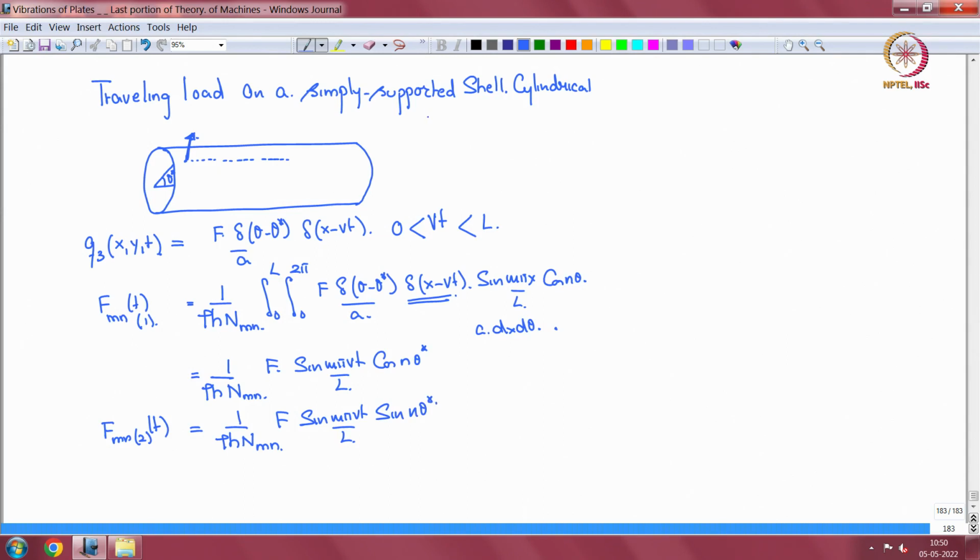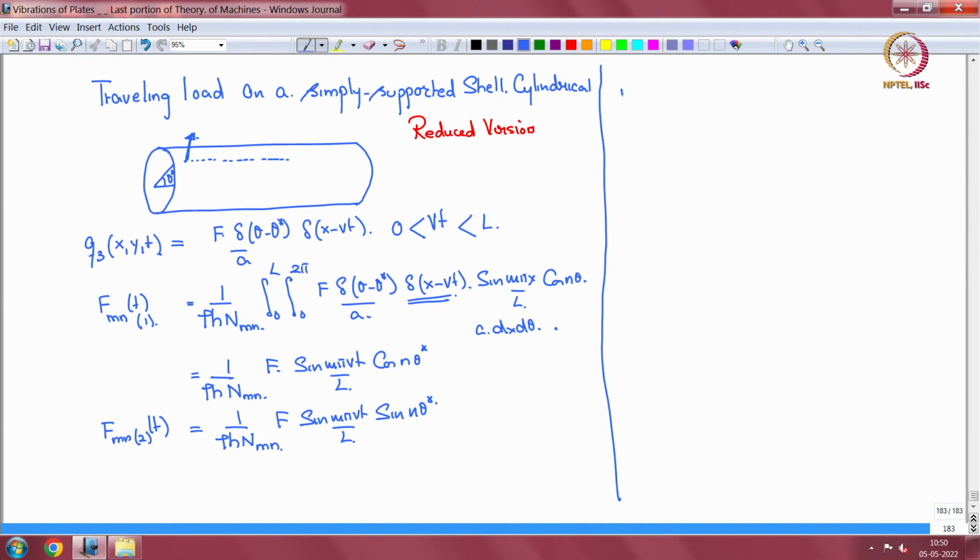So I am doing the simple version here. I am not taking all the modes, all the frequencies. This is the reduced version where transverse displacement dominates. So then you have F_mn1, F_mn2.